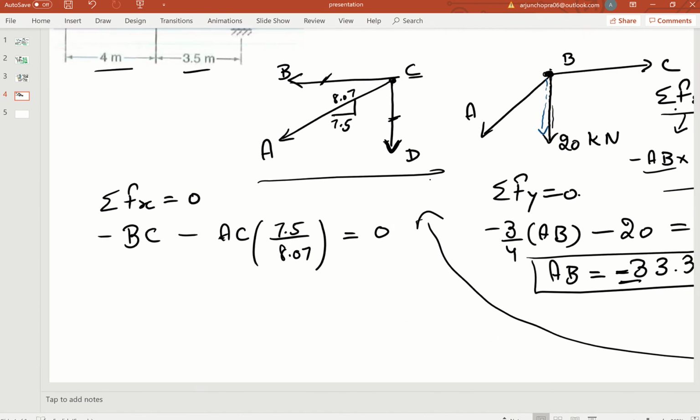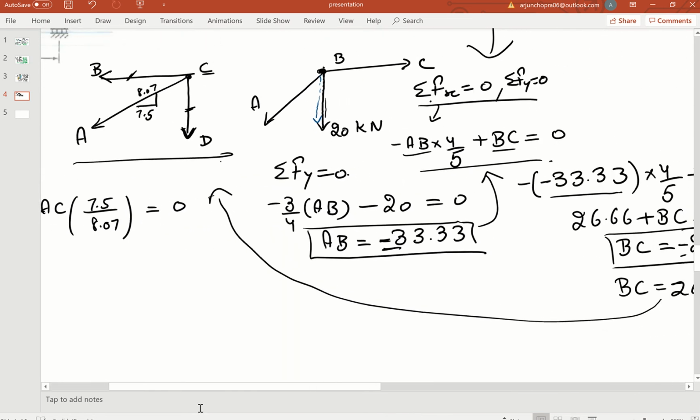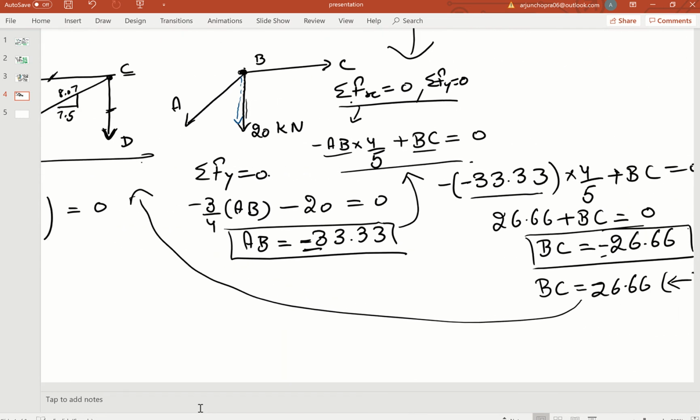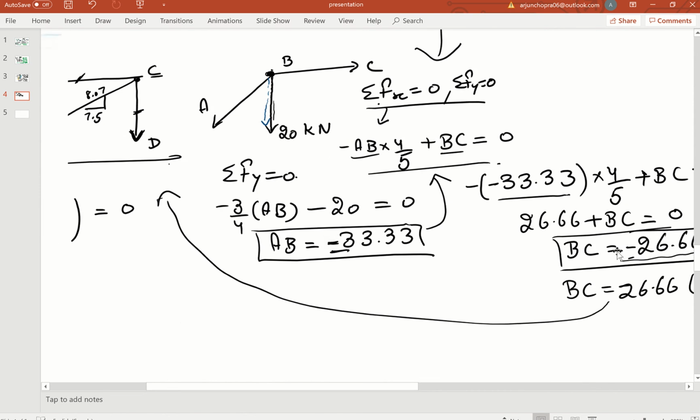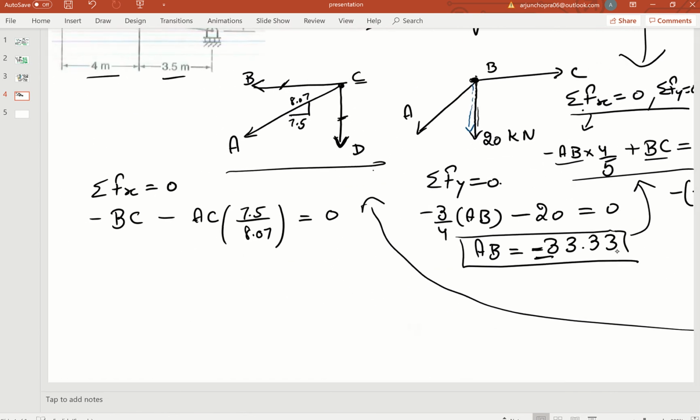Now when I fill in the value of BC, what was the value we got? The BC value is negative 26.6. I'm going to use this value because I'm not playing with the signs. I'm using the signs as per our commitment that any load shown away from the point C takes a negative sign. So I'll put this negative 26.66 here.